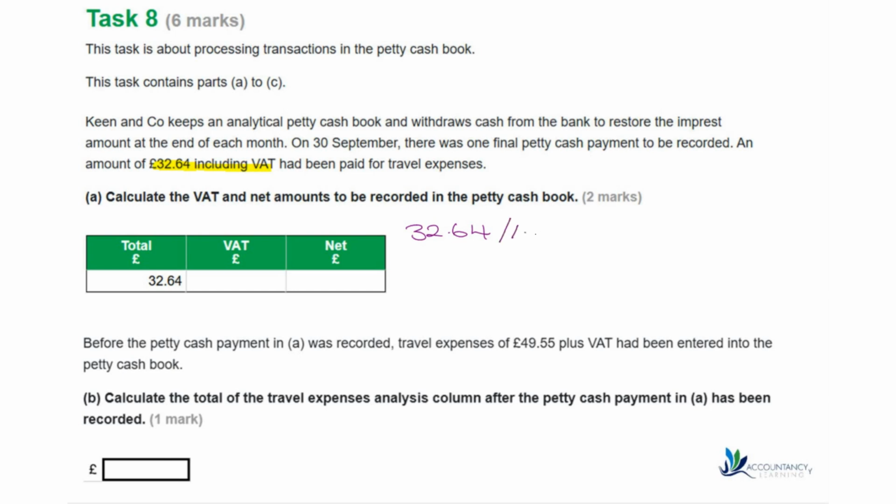So we can divide that by 1.2, or if you prefer you can divide it by 120, and that will give us our net amount of 27.20, and then 27.20 times 0.2 or times 20% gives us £5.44 VAT. So we can then put that in there.